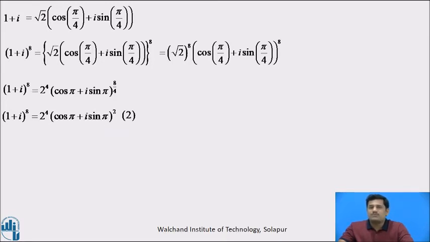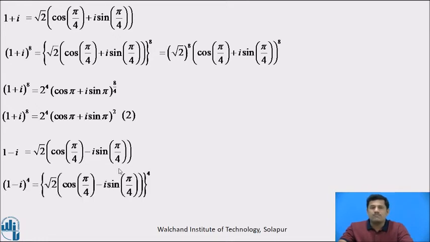The next number is 1 minus i raised to 4, and 1 minus i is the conjugate of 1 plus i. We can directly write 1 minus i as root 2 into the bracket cos of pi by 4 minus i sin pi by 4. Taking fourth power on both sides, we get this equation. Now taking the separate powers of root 2 and the bracket, we get root 2 raised to 4 into the bracket raised to 4.